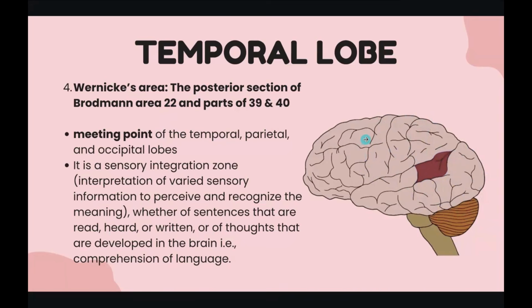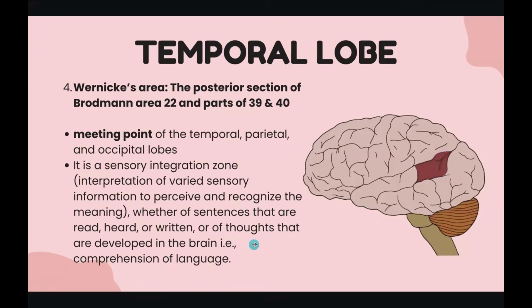So it interprets varied sensations and varied sensory information to perceive and recognize the meaning, whether of the sentences that are heard, read, or written, or even the thoughts that are developed in your brain.